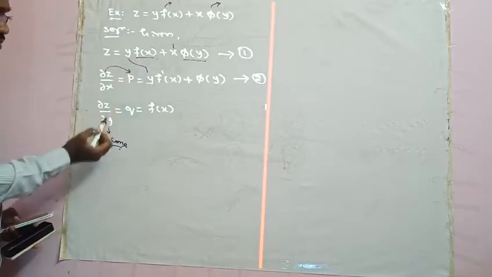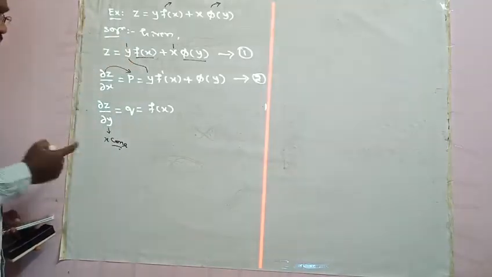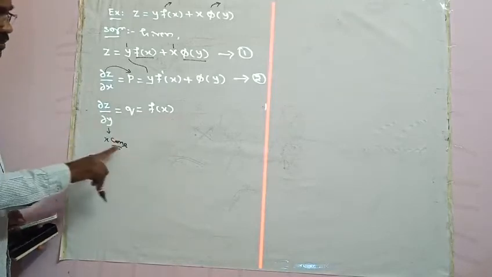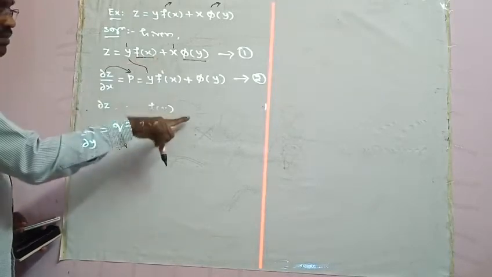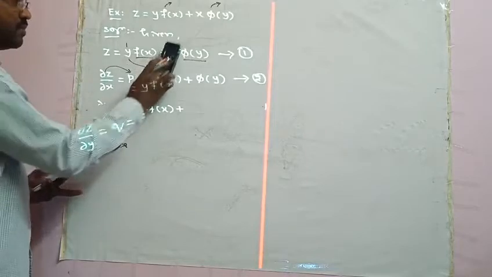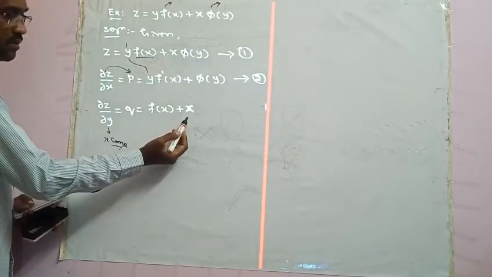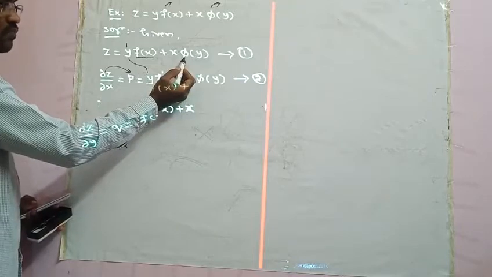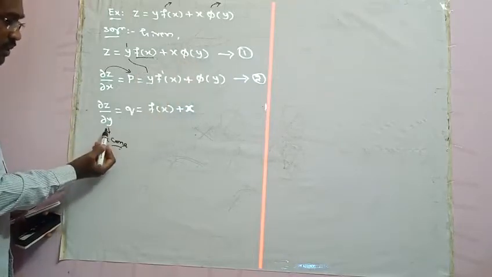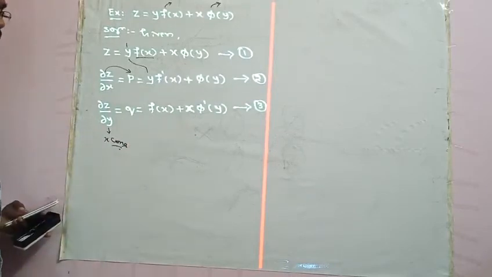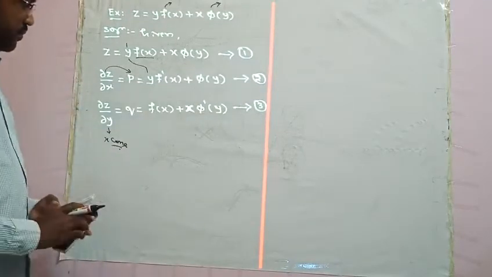Differentiation of y with respect to y is 1, plus constant x as it is. Differentiation of phi of y with respect to y will be phi dash of y. Call it equation number 3.